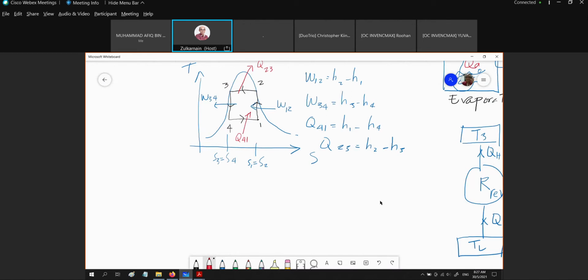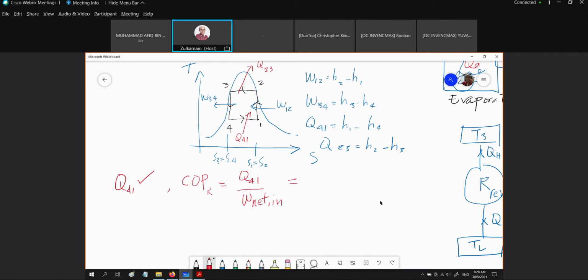So if Q41 is the main concern, which is our interest, then to see the performance or the quality of this refrigerator, we have one parameter that we have learned called the COP of the refrigerator, which is equal to the desired output, which is our Q41, divided by our required input, which is W12, or the W net in in this case.